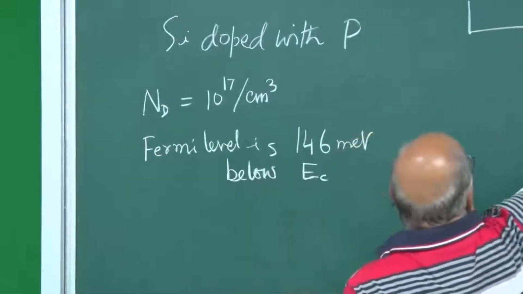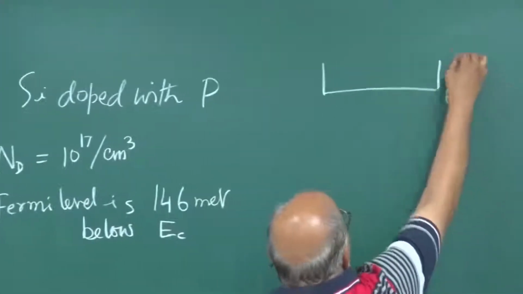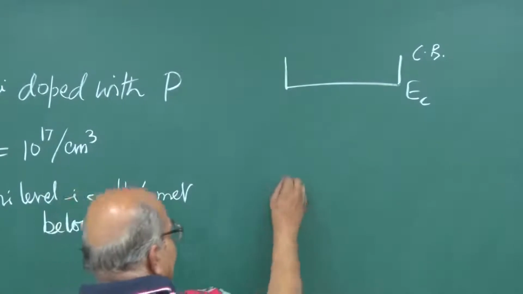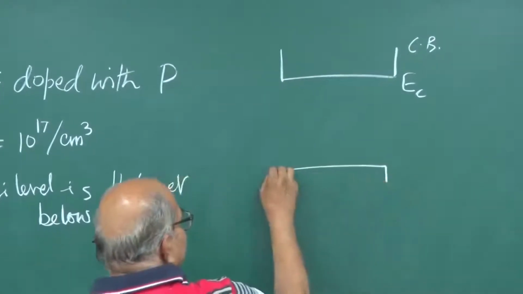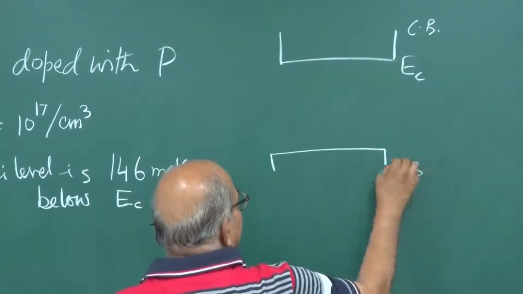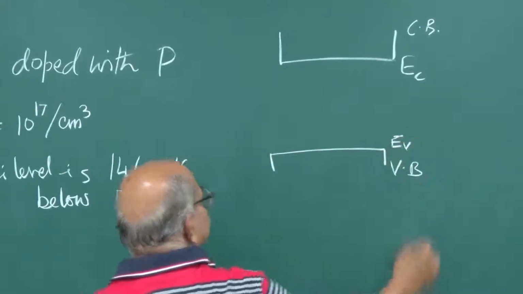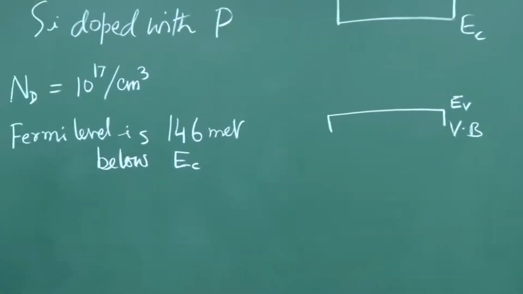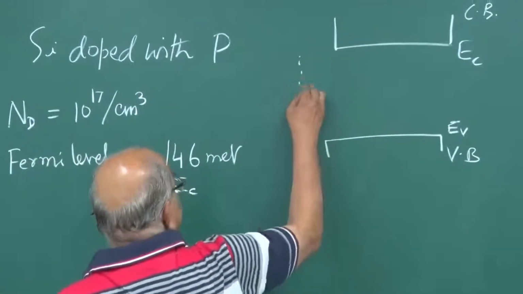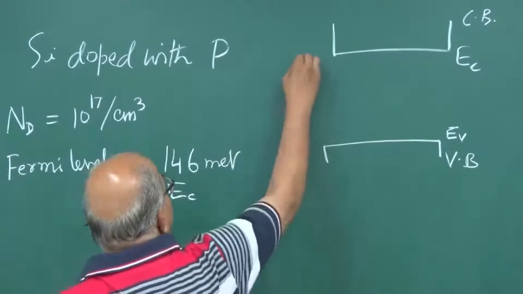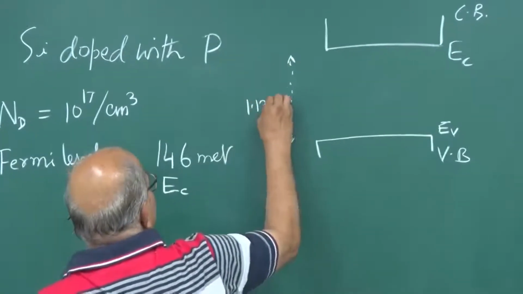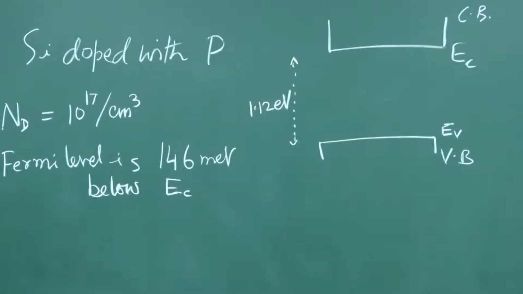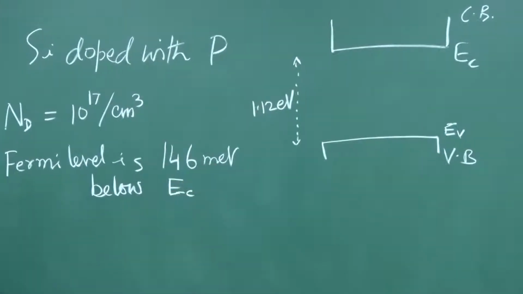The lowest energy in the conduction band, that we write as EC, and the highest energy in the valence band, that we write as EV. It says that it's silicon, so you know how much this is. This is around 1.12 eV, and the Fermi energy is 146 meV below EC.